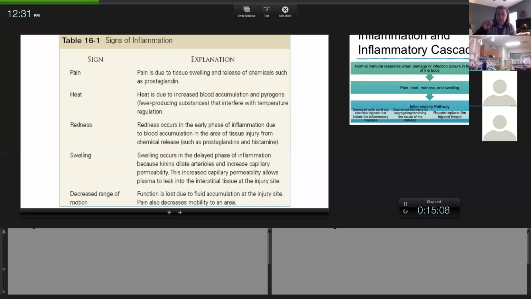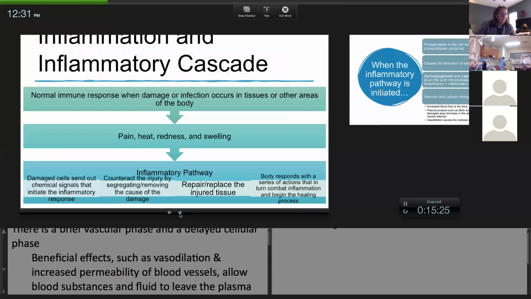You've got increased tissue permeability, so everything's rushing to this area of injury, potentially decreased range of motion from the injury. When an area is swollen, it doesn't bend or move as well, and if it doesn't move as well, that causes injury. So when you have pain, heat, redness, and swelling, this is the initial phase of starting to repair the tissue to make it normal.